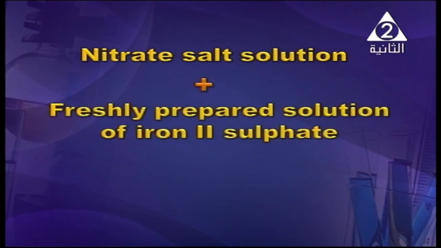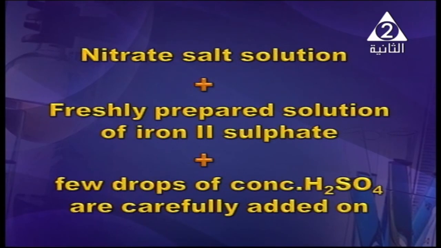Plus a freshly prepared solution. It must be freshly prepared, not old, not left for many days, to help the reaction be fast, and iron II sulfate, FeSO4. You add drops of sulfuric acid slowly as we saw before.